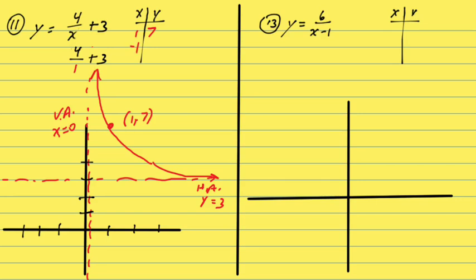If you put in a negative 1, that's negative 4 plus 3, which is what? Negative 1? So I believe negative 1, negative 1. And again, it would have to curve asymptote towards asymptote.